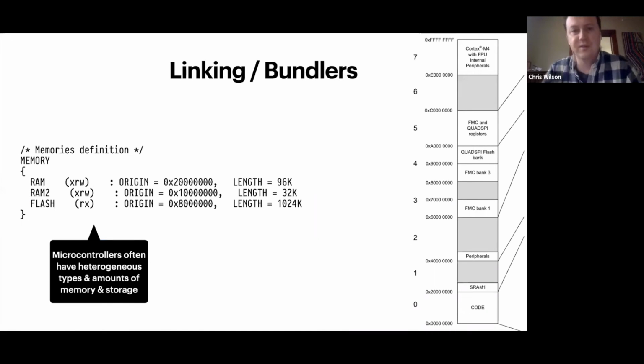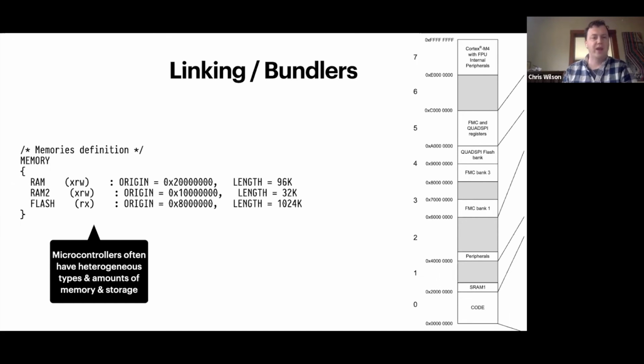Linking and bundlers. This was a little bit more obscure, but a lot of times microcontrollers will have a little bit of memory, and then maybe another chip that has a little bit more memory, and maybe an external flash chip somewhere that has even more. Unlike a desktop computer or laptop that has a whole ton of very homogeneous memory, on a microcontroller it's much more mixed.